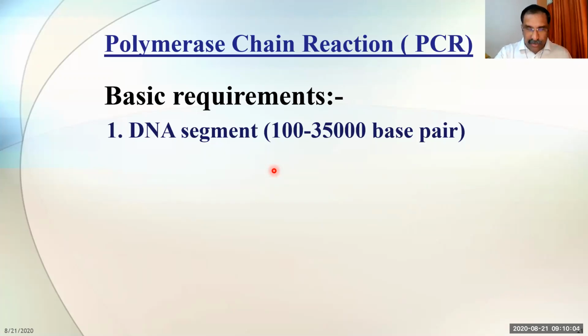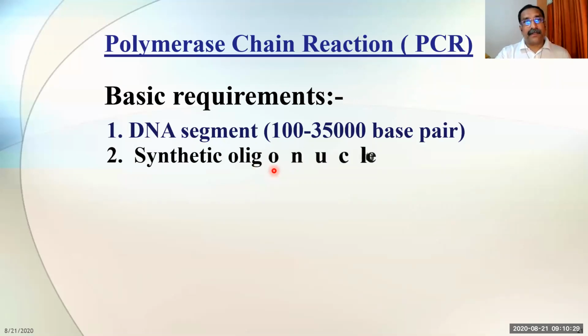In the same manner over here, you want to make multiple copies of a particular gene or a particular DNA sequence. And that is one of the basic requirements. There is a DNA segment, and the size may vary. That may be from 100 base pairs to 35,000 base pairs.